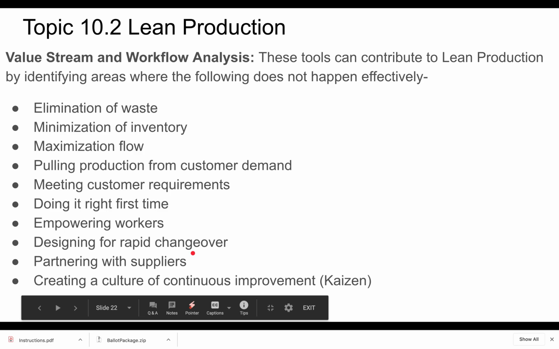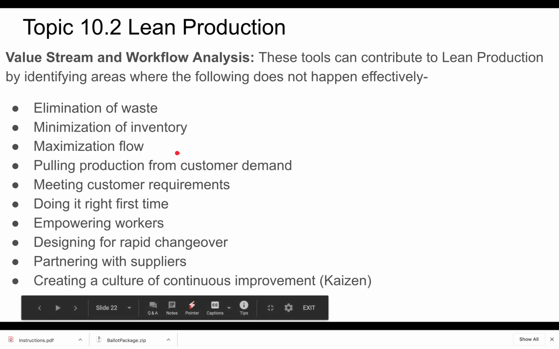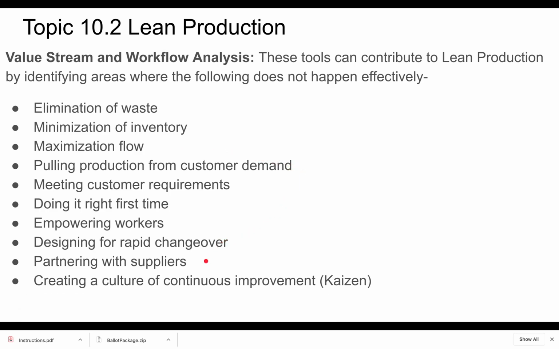Markets change, things change, so you want to be able to change with a changing market. You want to make sure that you're closely partnering with your suppliers, because this also goes back to managing flow. You can't manage flow if a supplier is not giving you the correct materials that you need.